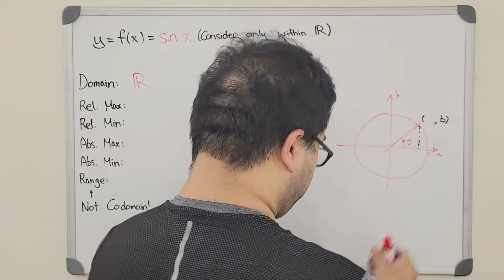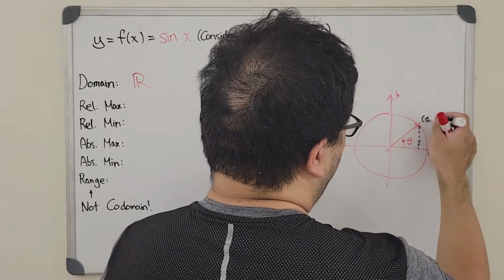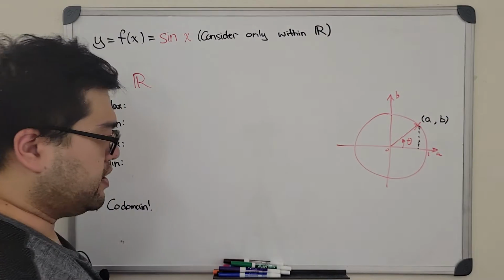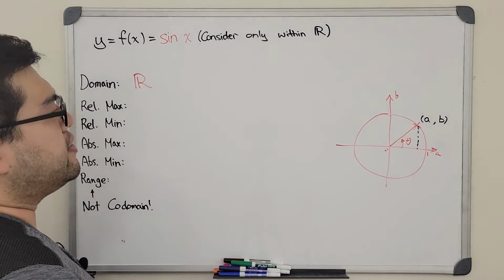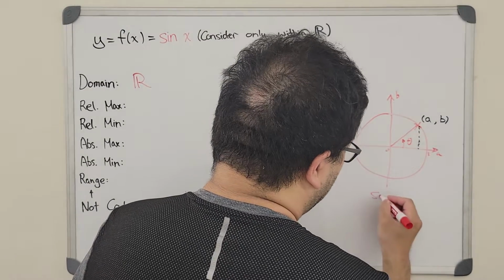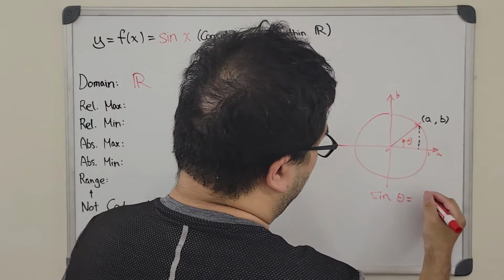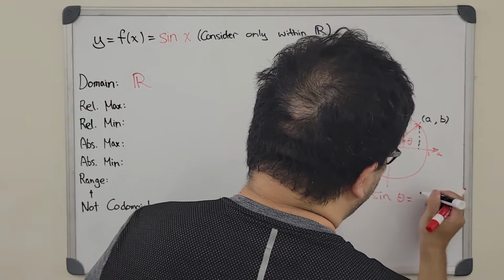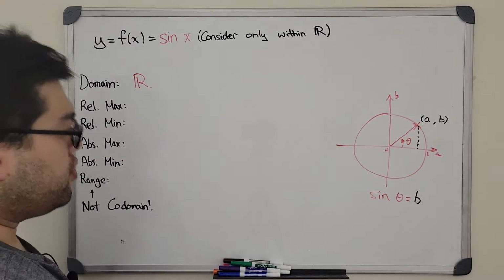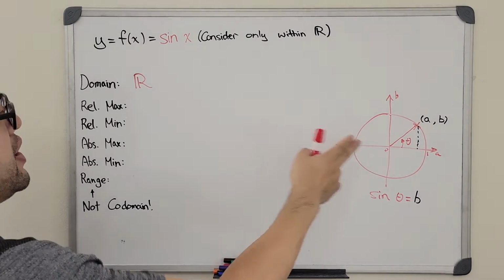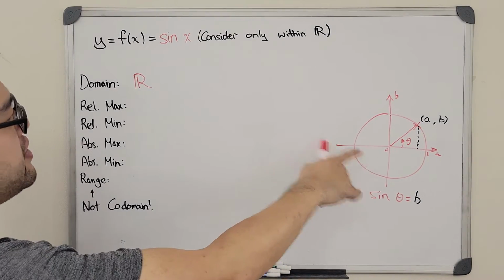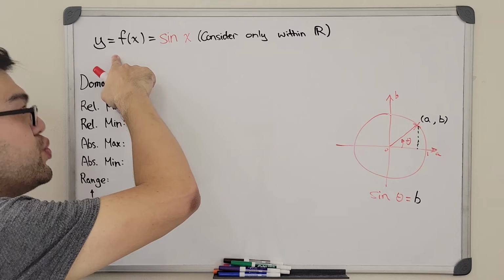Let's call it b here. Of course the horizontal will be a. So in fact, we have the sine of the angle theta is equal to b.